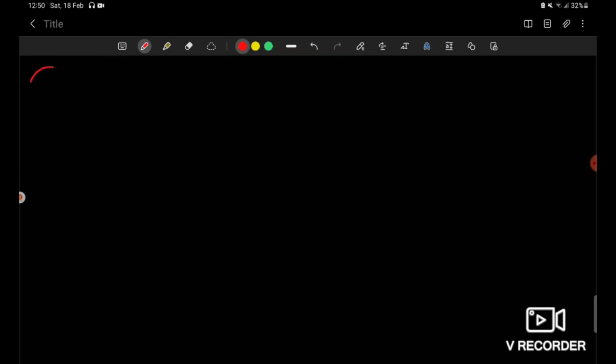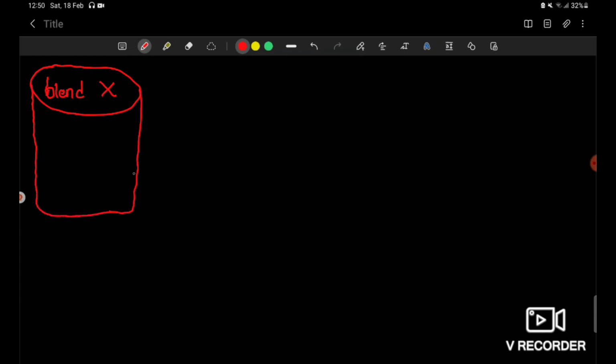Here we have blend X. And what is blend X? Blend X is a mixture of refu and tamu.